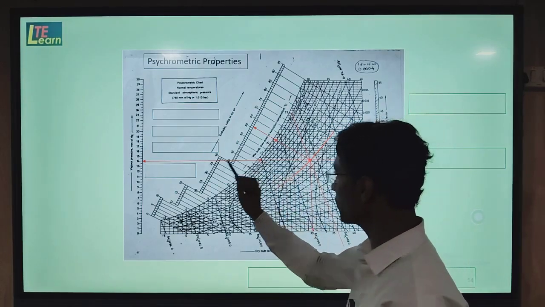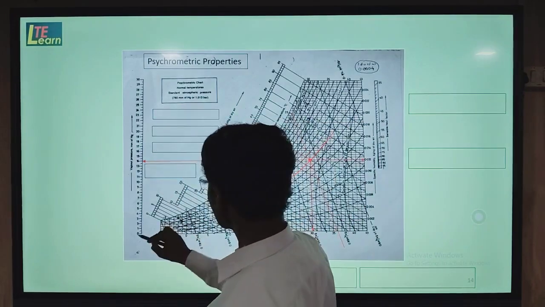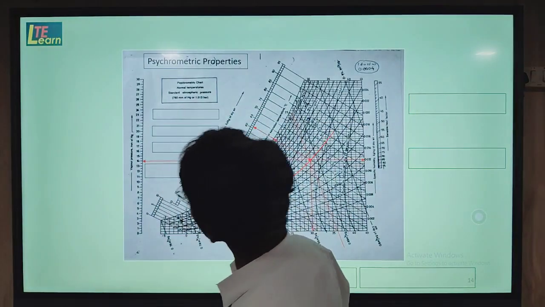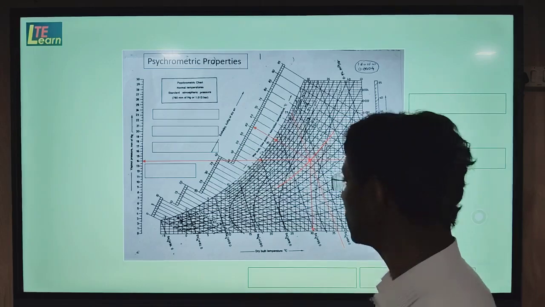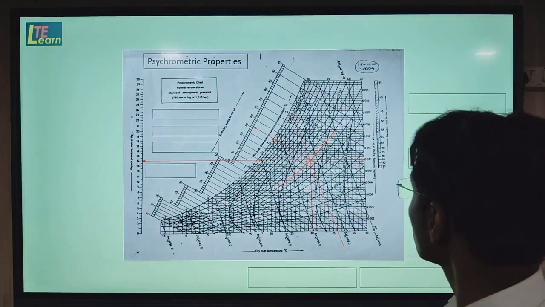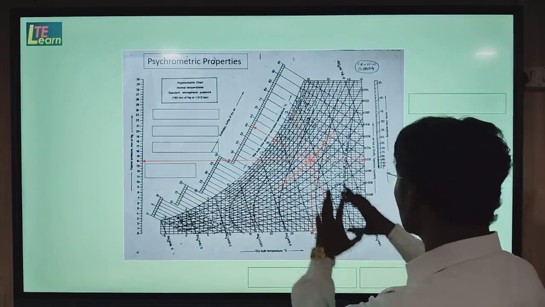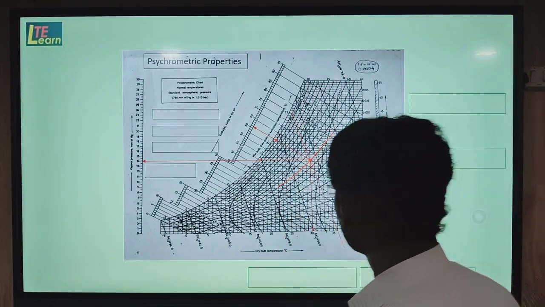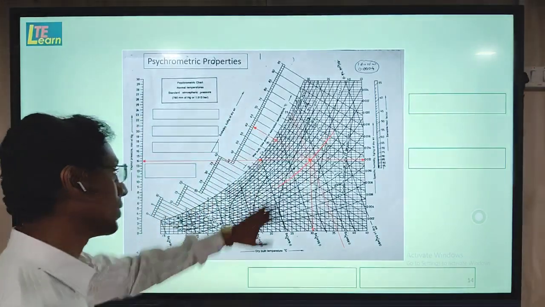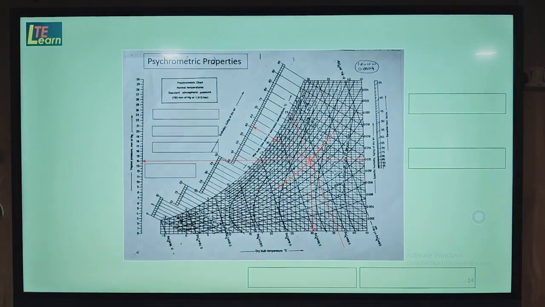When this line is continued to this scale, here is the scale of vapor pressure, where we can obtain the vapor pressure. In this way, these different properties are presented with the help of these different lines.